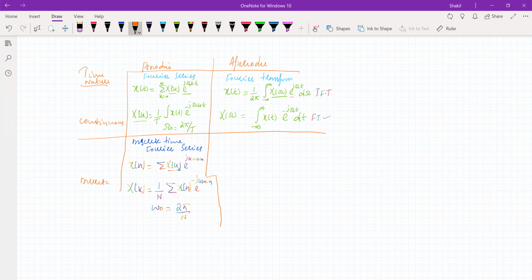Now, if it is a discrete but aperiodic signal, then this is referred to as the discrete time Fourier transform, and the representation is like this.